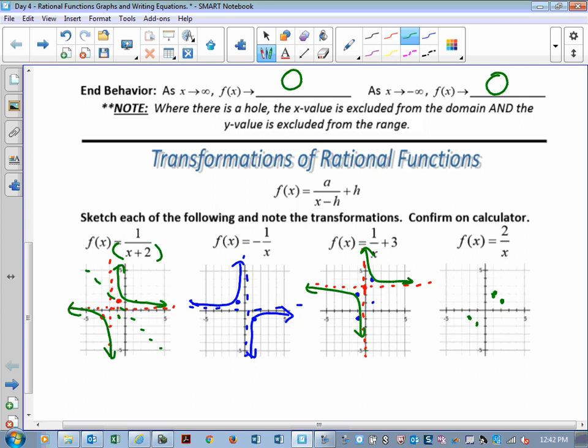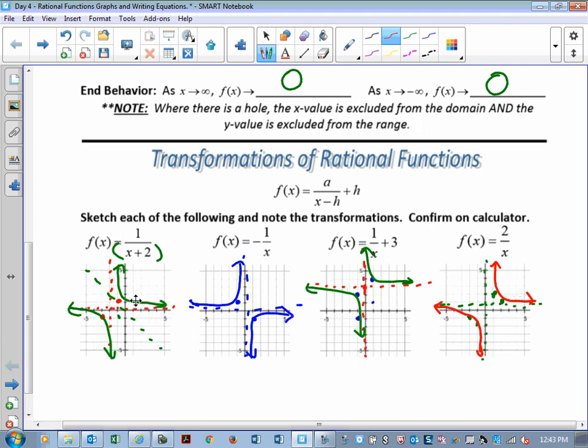Is my asymptote going to change? No. So I can put my asymptotes in, and I can draw my graph. They're not going to be the prettiest graphs. But again, I should see those points. I should see the asymptotes in the right place. Okay?